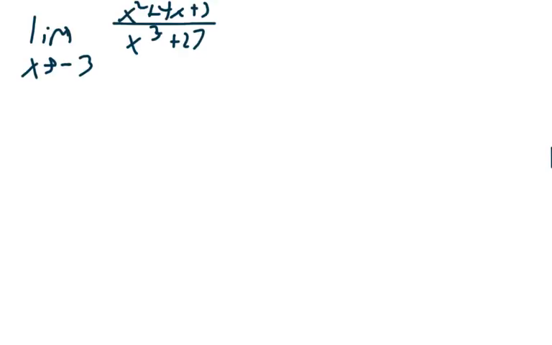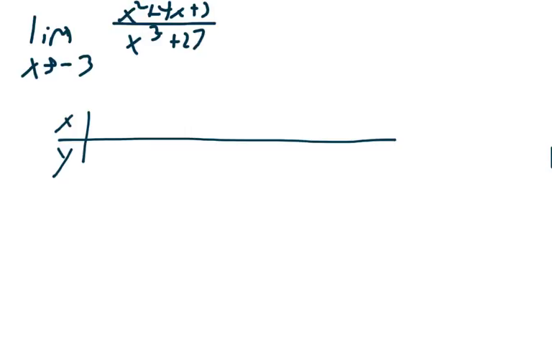Alright, so this is the first practice quiz of the year, and problem number 1 asks us to find the limit numerically, which means I'm going to plug in some numbers that are less than -3 and some numbers that are bigger than -3.